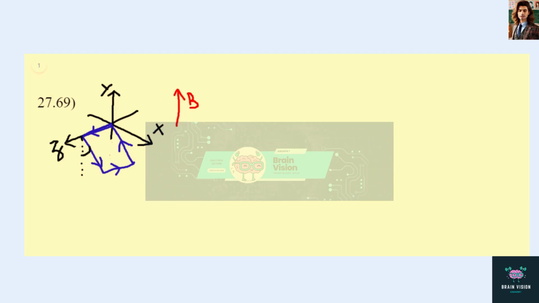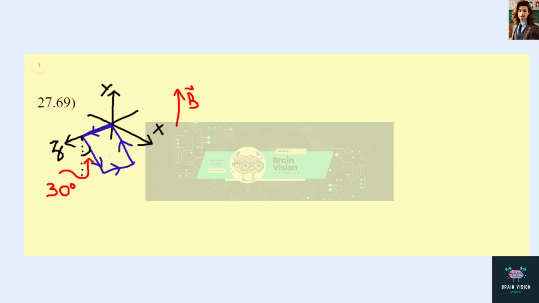And I'll denote my magnetic field with a B. The magnetic field is causing the loop of wire to be pushed outwards, and you're asked how strong this magnetic field has to be for this angle with the y-axis to eventually be 30 degrees. Okay, so that's the problem.